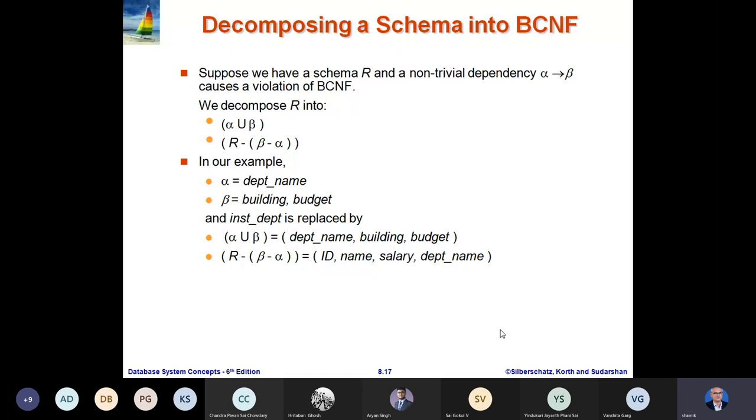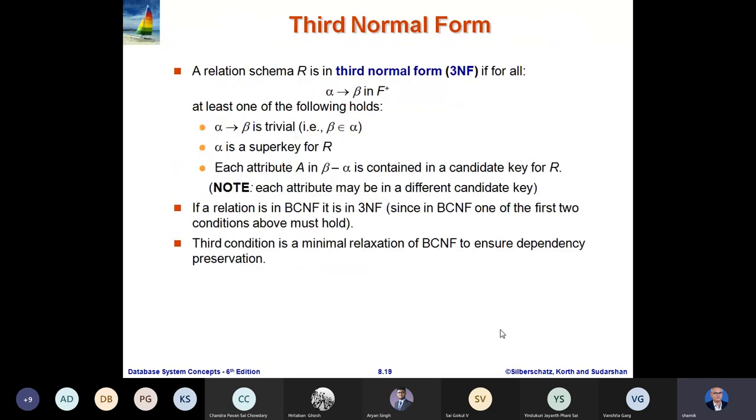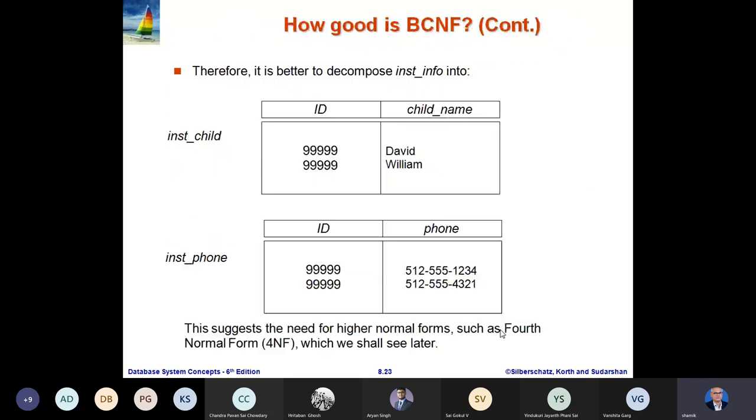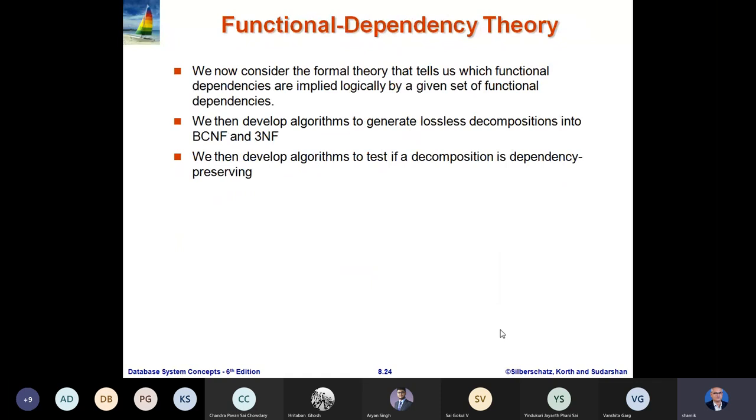So R is decomposed into a number of such schemas, and that is when we get the final set of schemas which we'll have in our database, which are all in BCNF. Of course, assuming that we are trying to go for BCNF. If we are okay with 3NF, then we'll decompose it so that we get 3NF schemas, and we'll stop if it is already in 3NF.